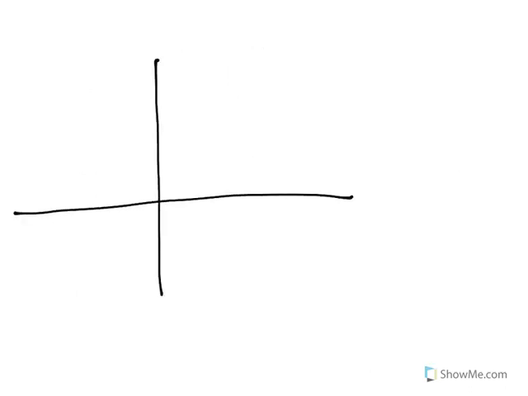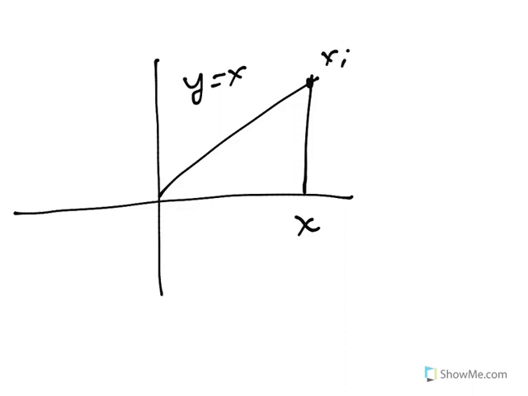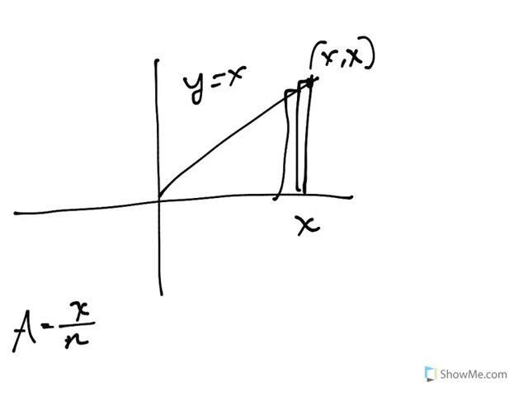Now, I could go even more generally by taking the line y equals x and just calling this last point x. And if I did the same process, now the width of every rectangle would be x over n, and the heights of these triangles would be x over n times 1, plus, that's the width there, x over n times 2.